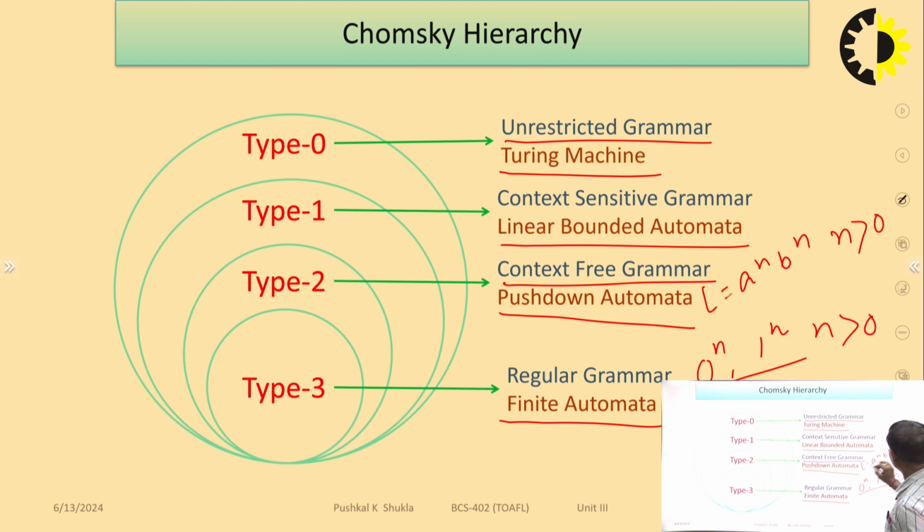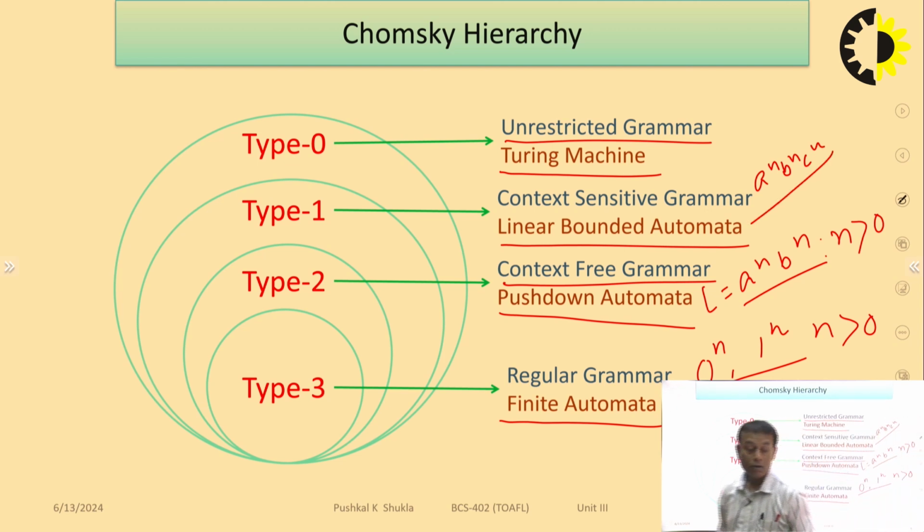So L equals this type of language is accepted by the PDA. And the Turing machine, like a to the power n, b to the power n, c to the power n, any type of algorithm, any type of problem can be solved. Like a plus b, a into b, all this type of problem can be solved by the Turing machine.